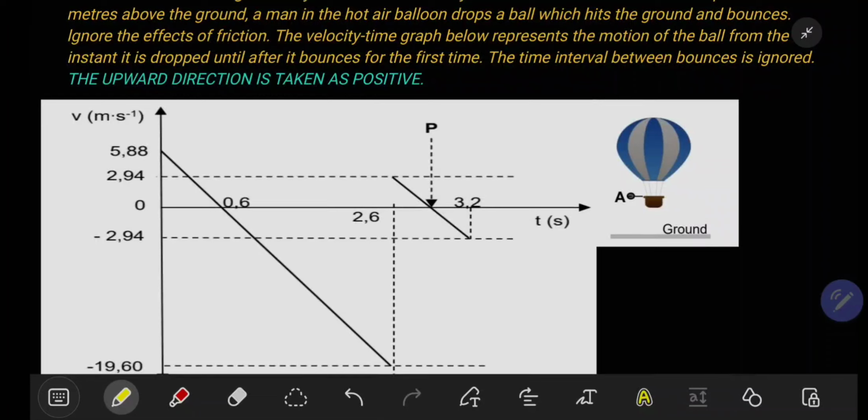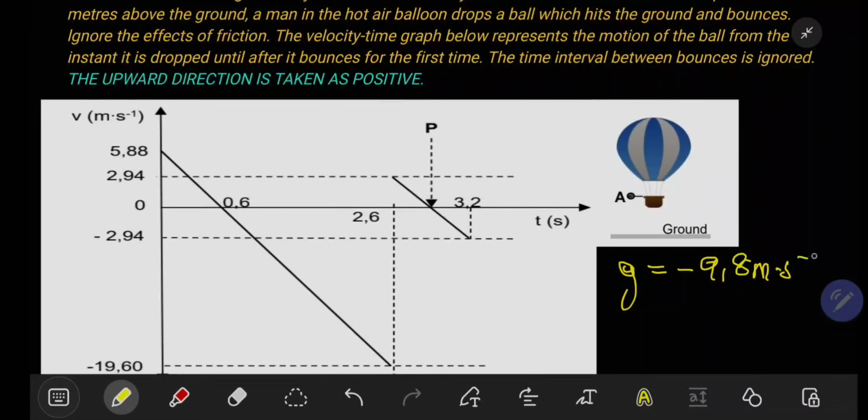Then when we look at this velocity time graph, we can see that the slopes of this graph are decreasing, and they already told us that the upward direction is taken as positive. Because this is a decreasing slope, we know that our gravitational acceleration is negative 9.8 meters per second squared.